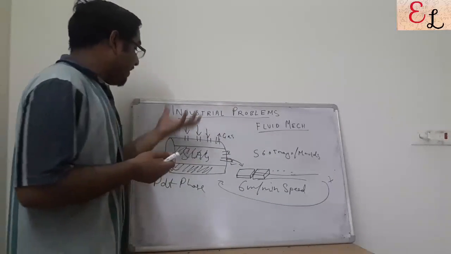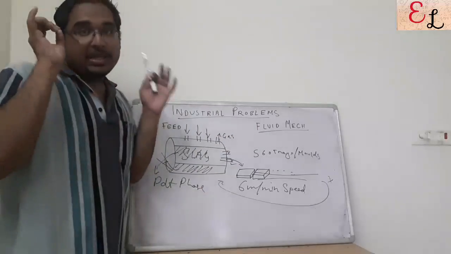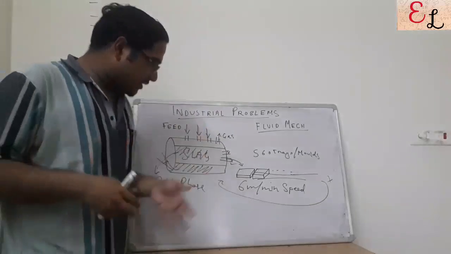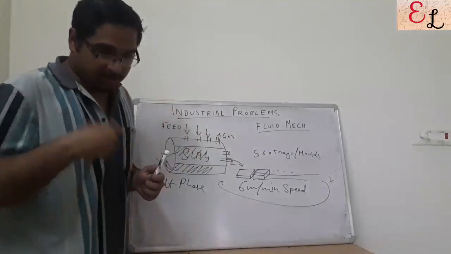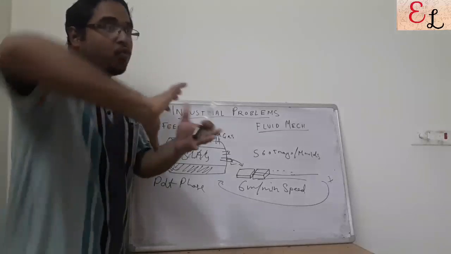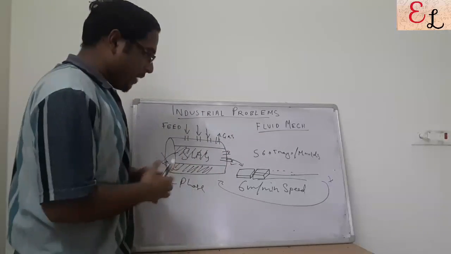So what has to be done in this case? The first thing that strikes your mind is to increase the tapping frequency, that is, instead of 2 hours of collecting slag, tap more often.